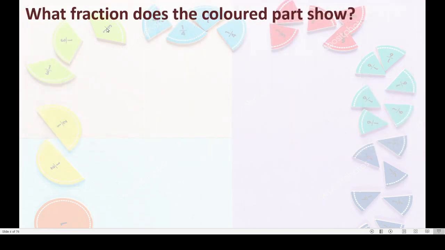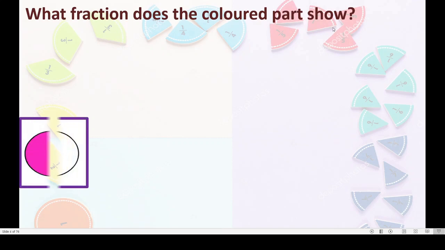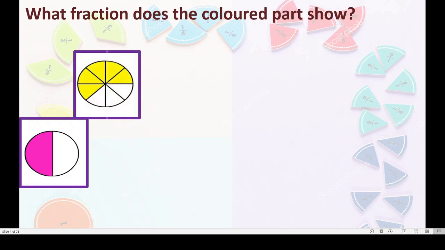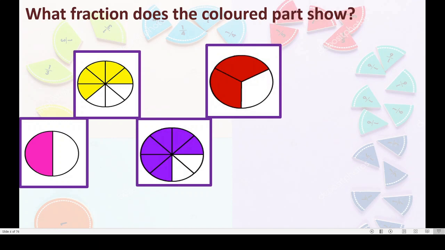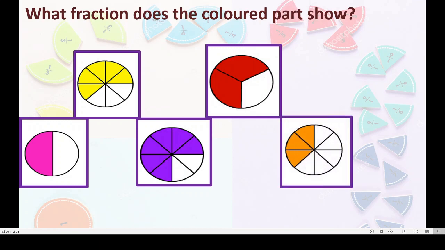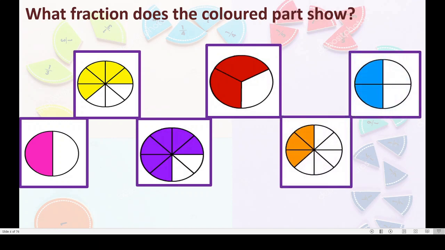Now, what fraction does the colored part show? Here we can see some pictures or figures with colored and uncolored parts. Okay, now we will try to write the shaded portion in the fractional form.